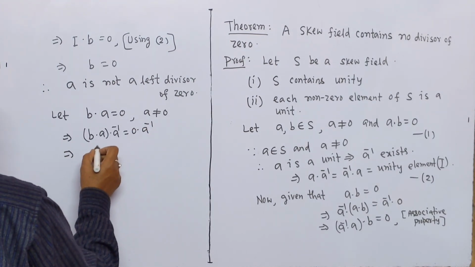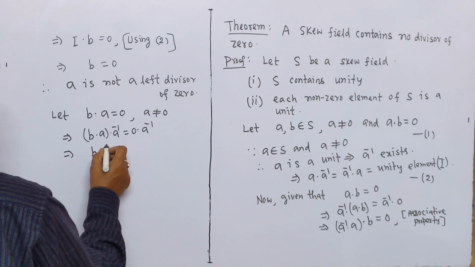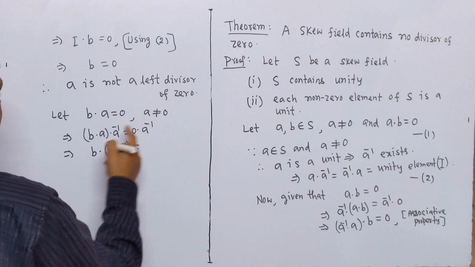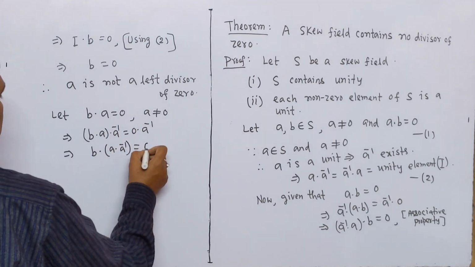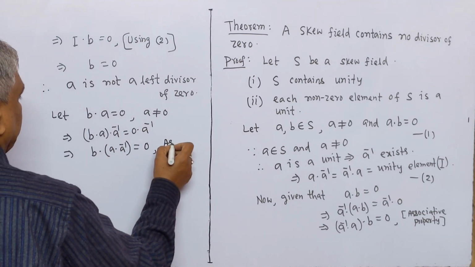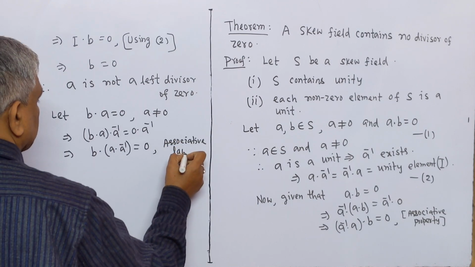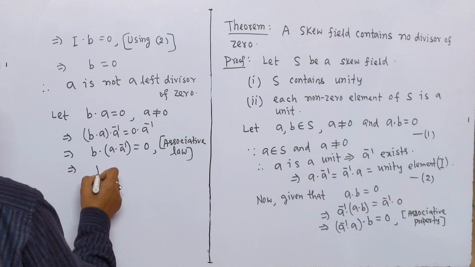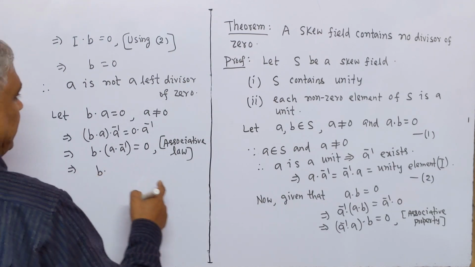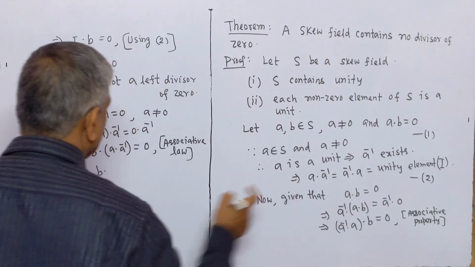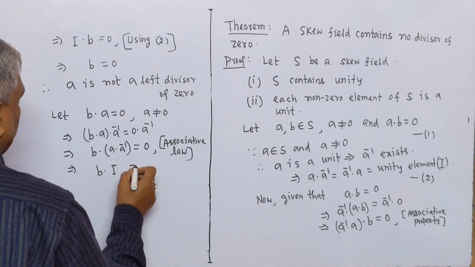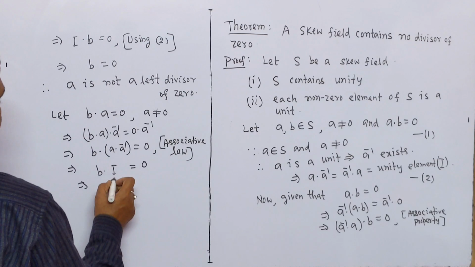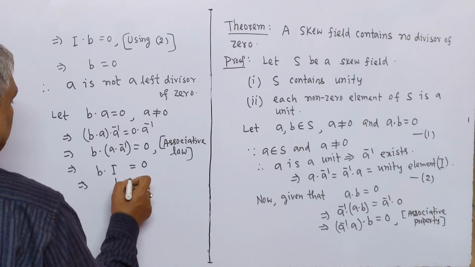By the associative law, B multiply A multiply A inverse equals 0, so B multiply the unity element, which is B, equals 0.